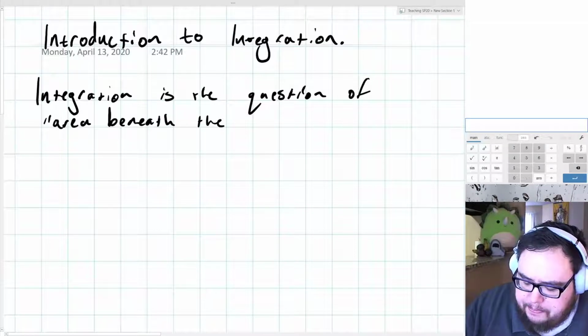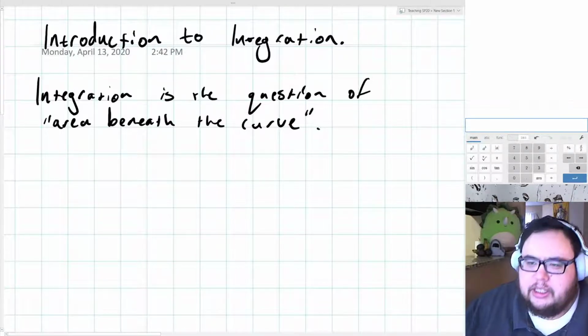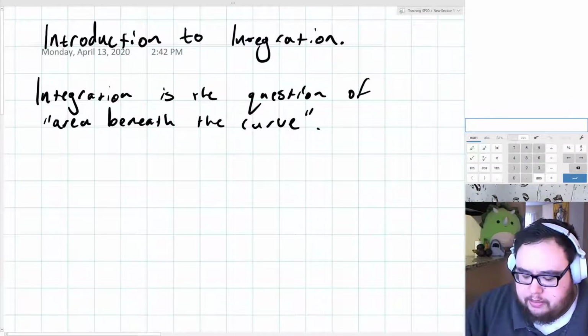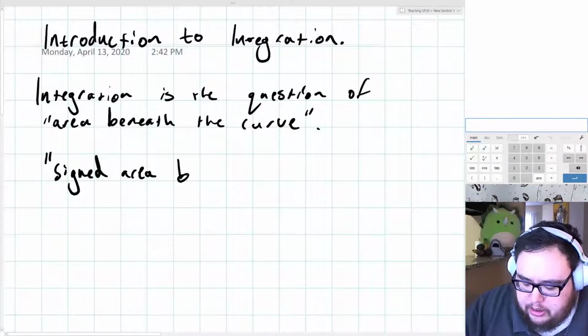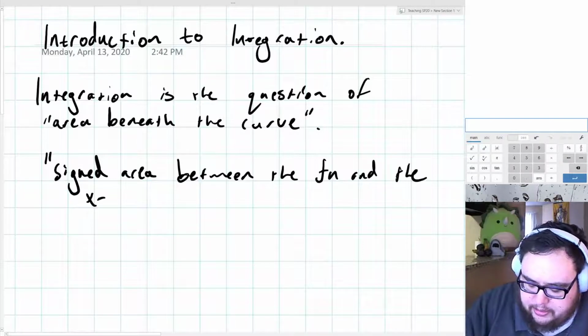This is actually a little bit of a misleading question. Really, what it should say is the quote signed area between the function and the x-axis.